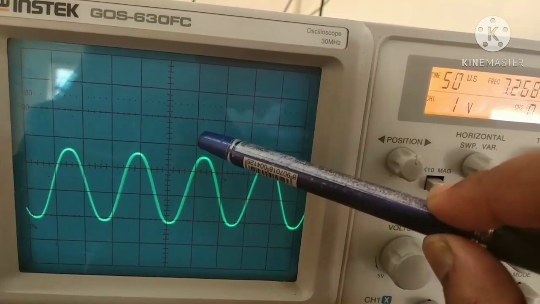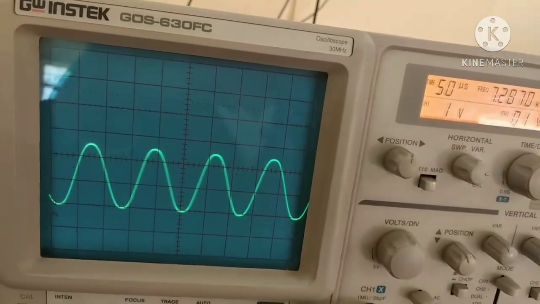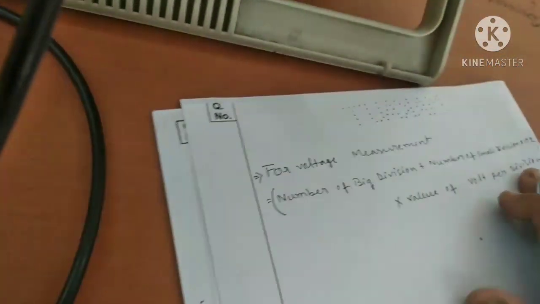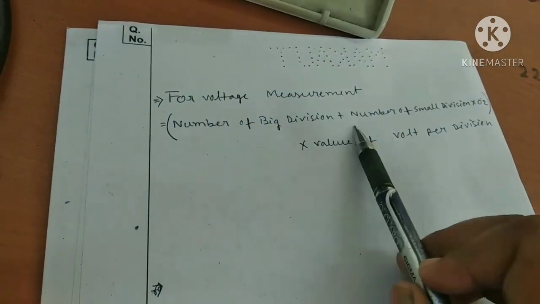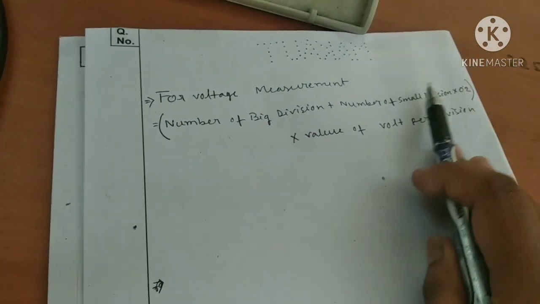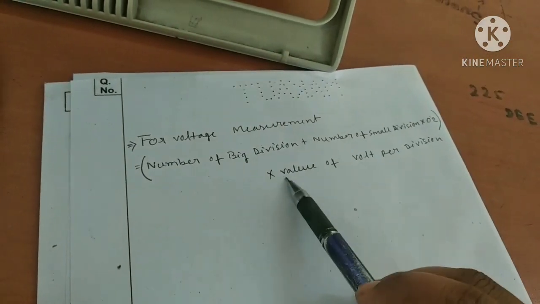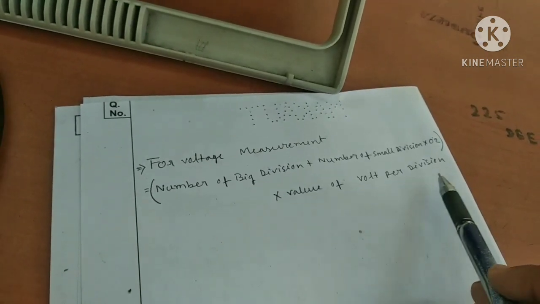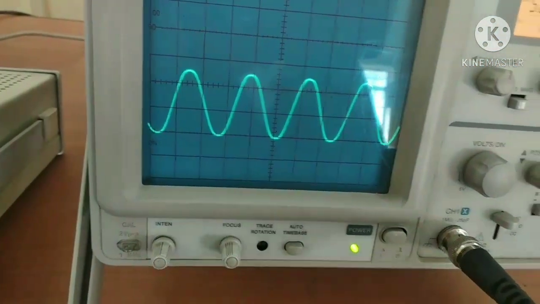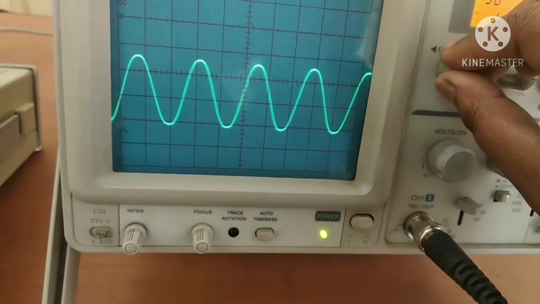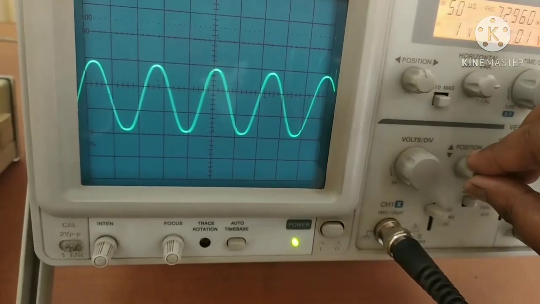The equation for voltage measurement is: number of big divisions plus number of small divisions times 0.2, within first bracket, then times value of volt per division. Now considering this signal, we can set the signal by this position knob.